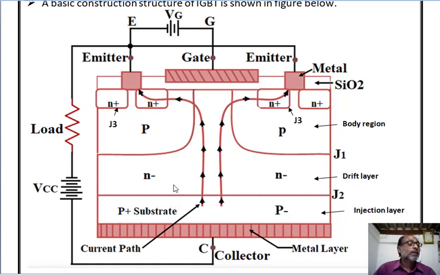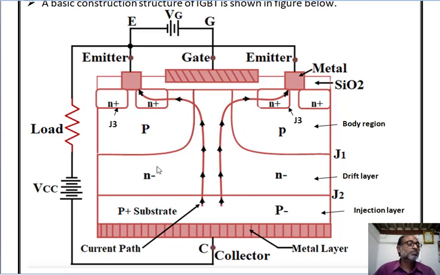The blocking capacity of the IGBT depends on the thickness of the N minus layer. On the other side of the P plus substrate, a metal layer is deposited, and from this metal layer one terminal is taken out, which is known as the collector terminal.